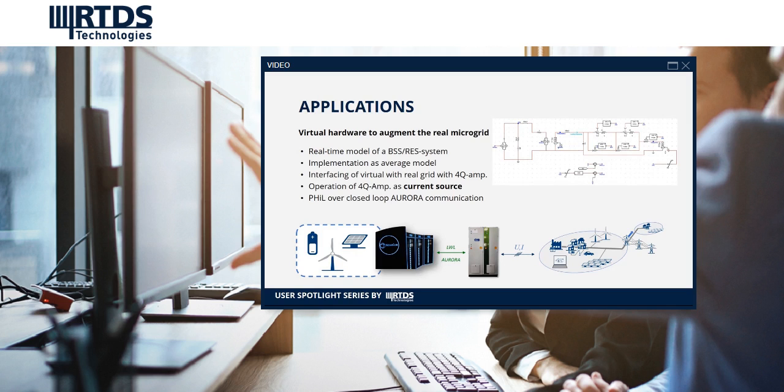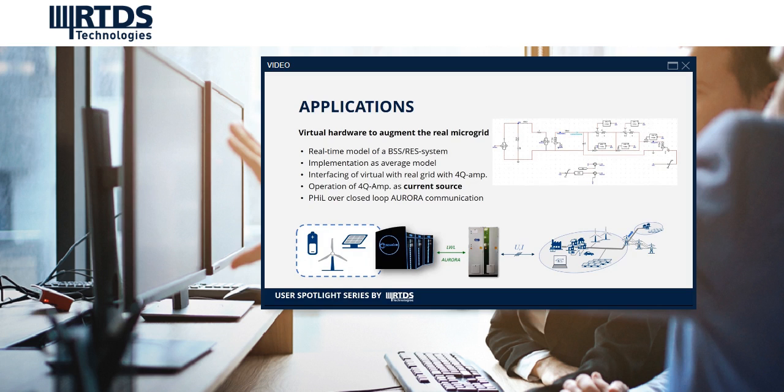The virtual components, which are simulated in real time, are interfaced with the real grid by the 4-quadrant amplifier. In this case, the 4-quadrant amplifier is operated as a current source, because it does not form a grid itself, but is connected to a utility grid or to a microgrid.